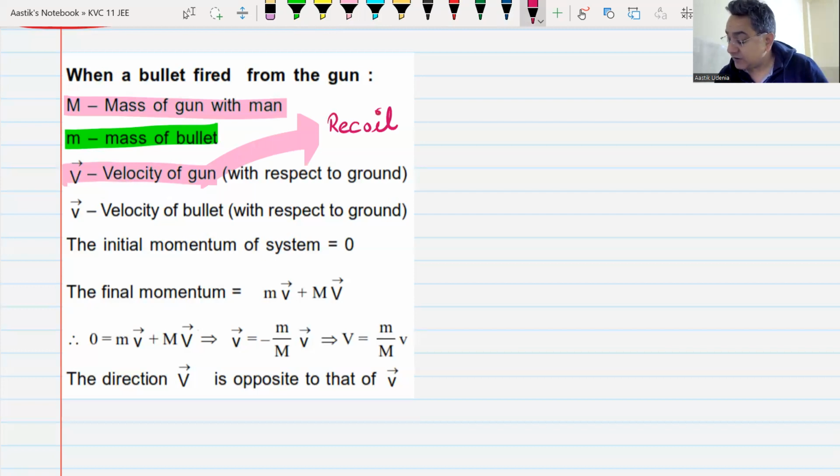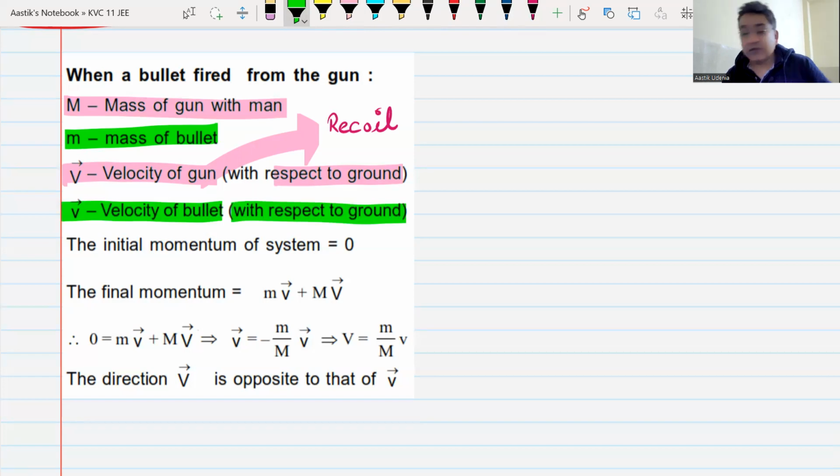This recoil velocity of the gun is with respect to ground. Sometimes they may give you the velocity of the bullet, a small v, with respect to ground. Remember, it's a very important point that this velocity is with respect to ground.